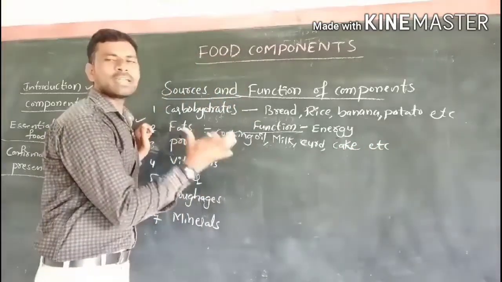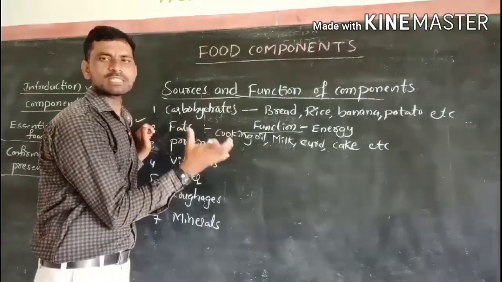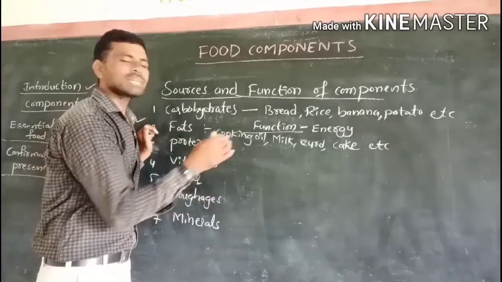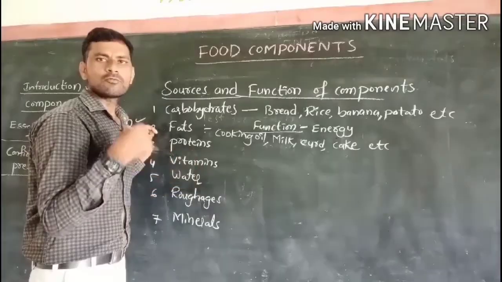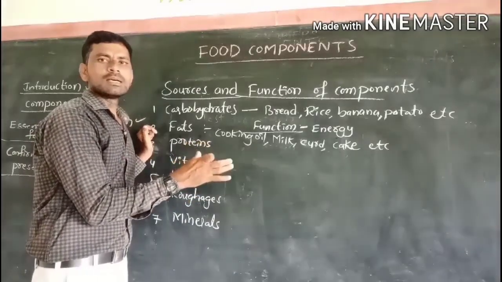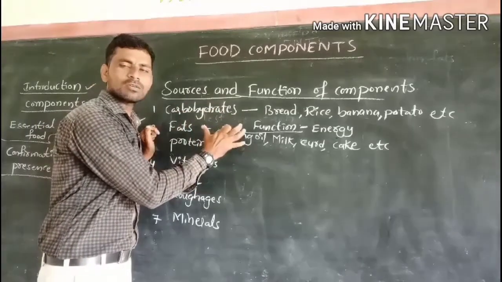So what is the main function of these fats? Function means how do they help us? They give us energy and keep our body warm. What is the main function of fats? You can remember they give us energy. The carbohydrates also give us energy.